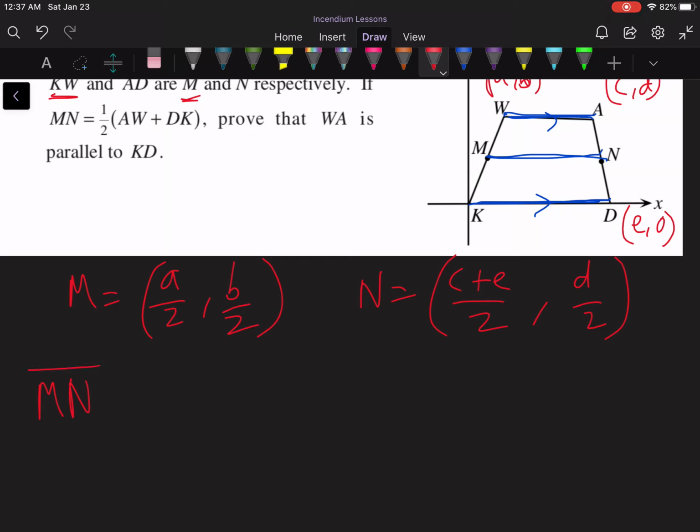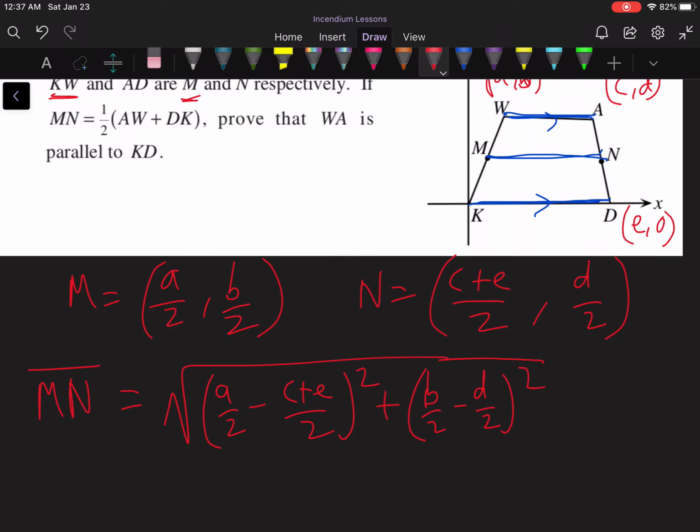You might remember this was one of the formulas we just went over, the distance between 2 points. Plugging it into that formula, we get that length MN is the square root of A over 2 minus C plus E over 2 squared plus B over 2 minus D over 2 squared. All right, perfect.